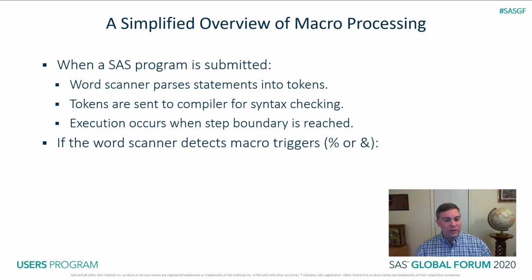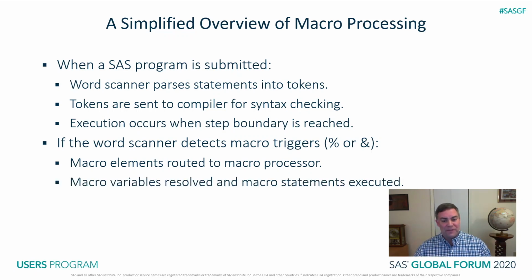So when we find one of those macro triggers, the word scanner routes those elements to the macro processor. So this is a bit of an intervention. Before SAS gets the code to execute, the macro processor steps in to do some stuff. Specifically, it resolves macro variables that you may have referenced in your code, and it executes macro statements. Those are things like %if, or %do, or %let.